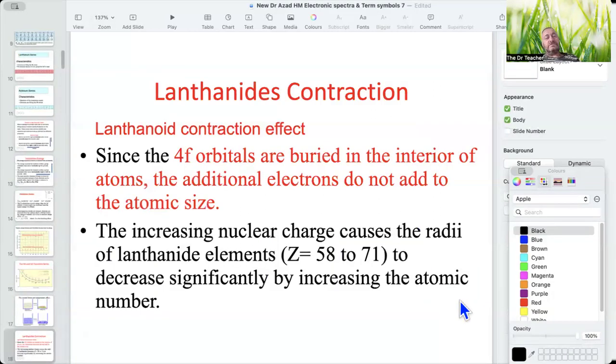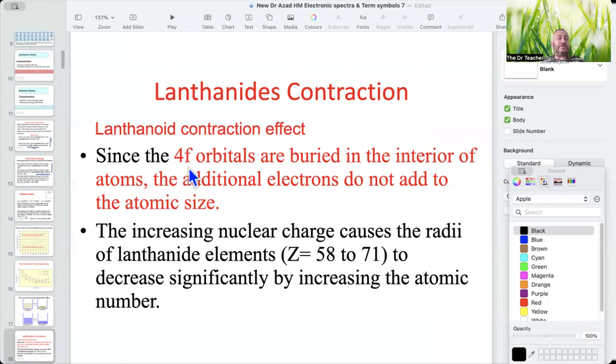Lanthanide contraction. We have the lanthanide contraction effect. There is a contraction with these elements. 4f orbitals are buried into the interior of the atoms, and the additional electrons do not add to the atomic size.